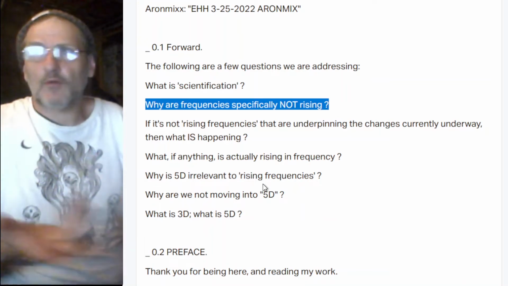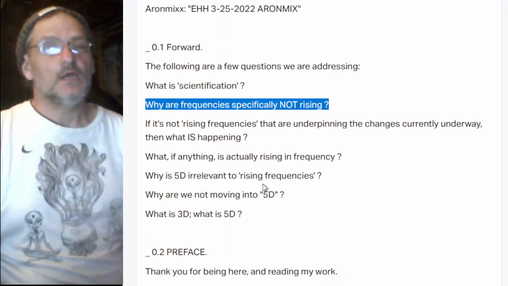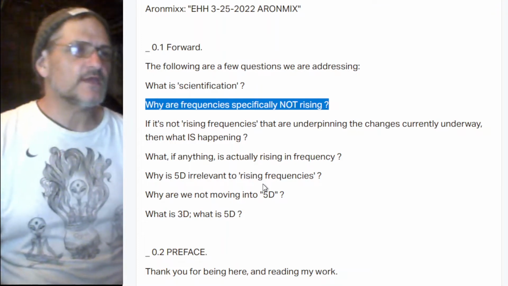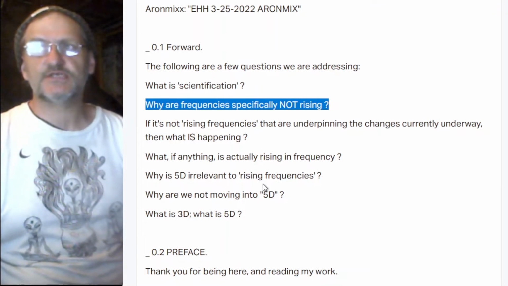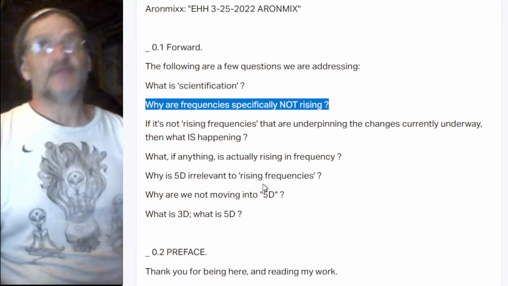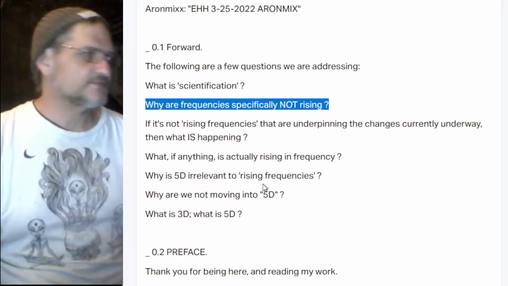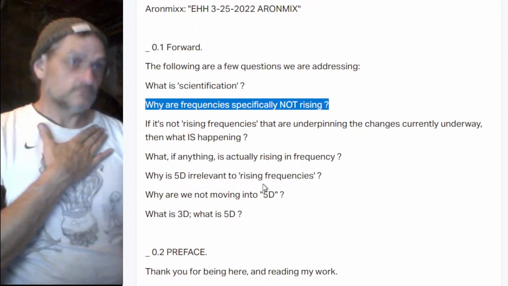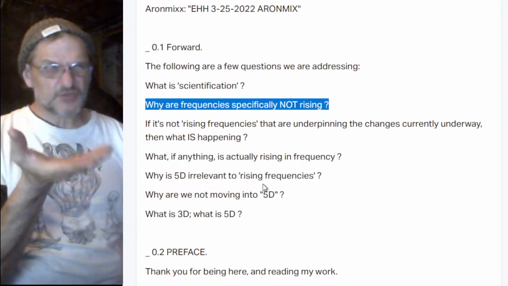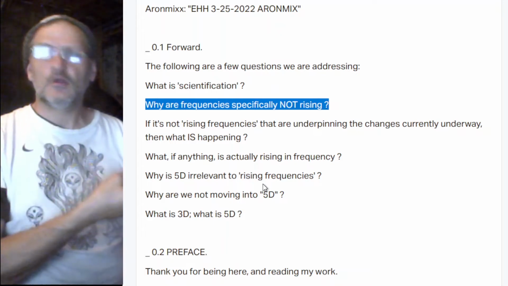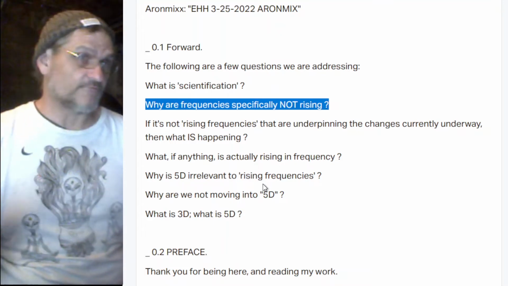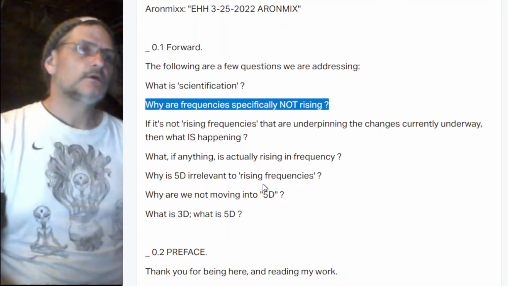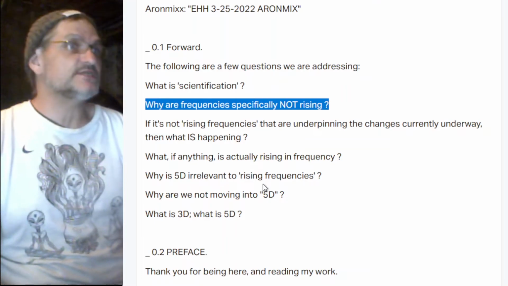One of the areas that I discuss is, if this expression, rising frequencies, or frequencies are rising, is put to you, my observers, you got to ask, frequencies of what?